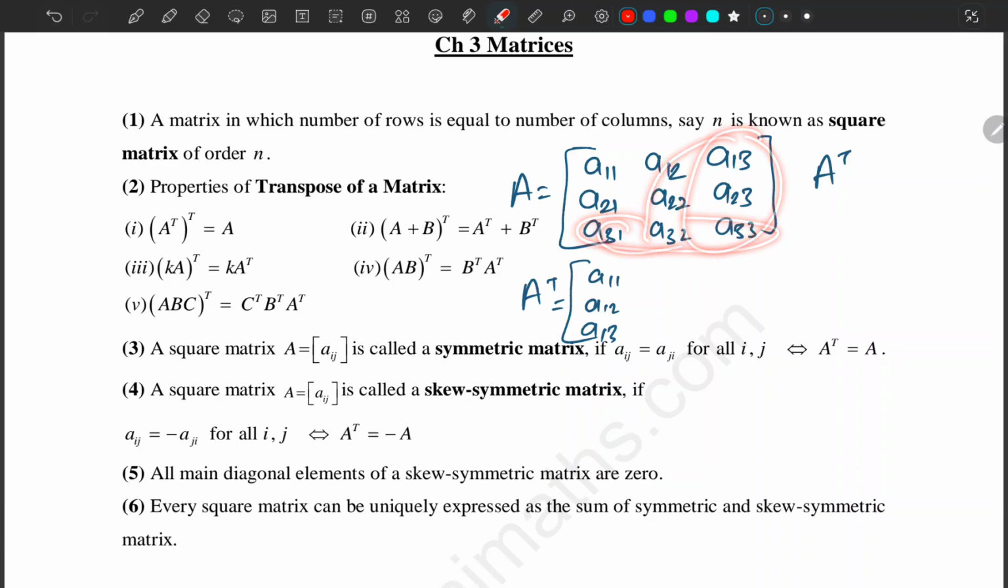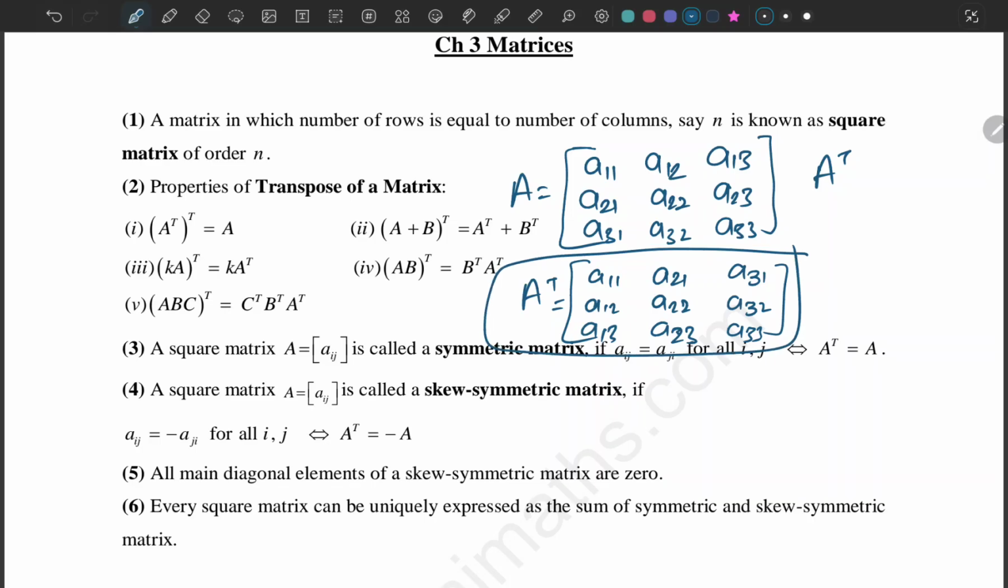That becomes a21, a22, a23, a31, a32, and finally a33. That's it. This is the transpose.